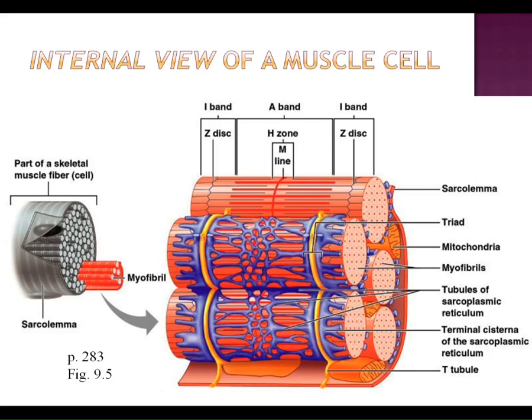Okay, so here's where we use our anatomy we just learned. Here's our triad. The triad is what? A T-tubule, which is like a tunnel, a channel from the sarcolemma coming across, right? And there's our terminal cisterna on each side. So one terminal cisterna, another one in the blue or purple with a T-tubule in the middle. That gives you the triad.